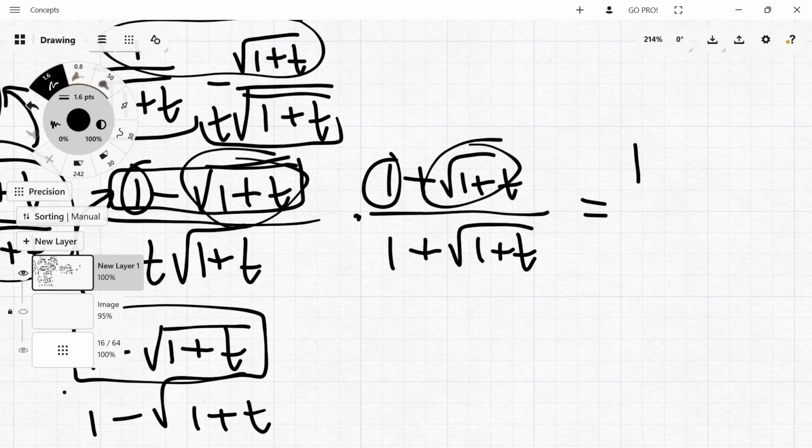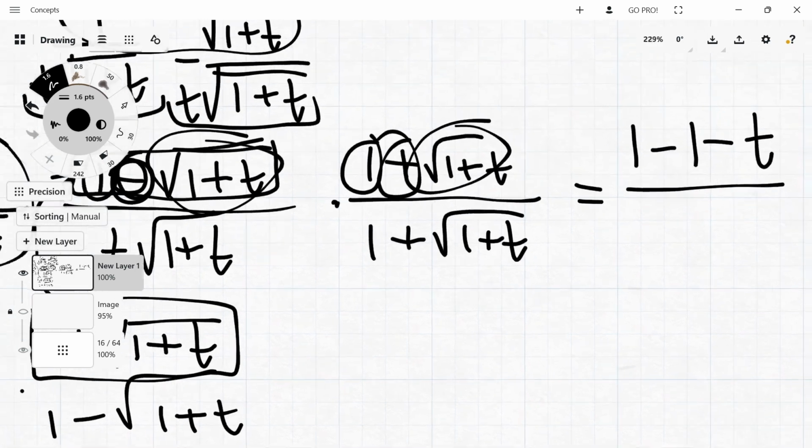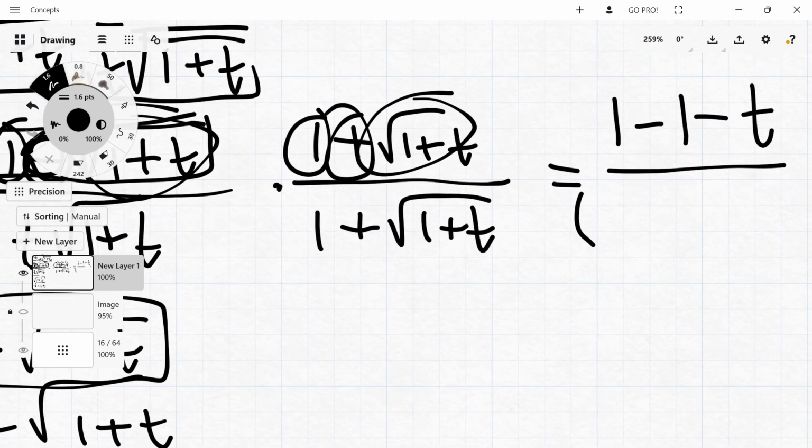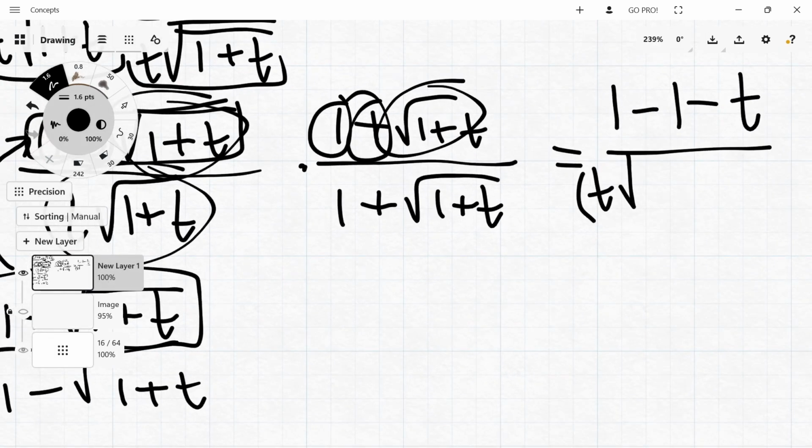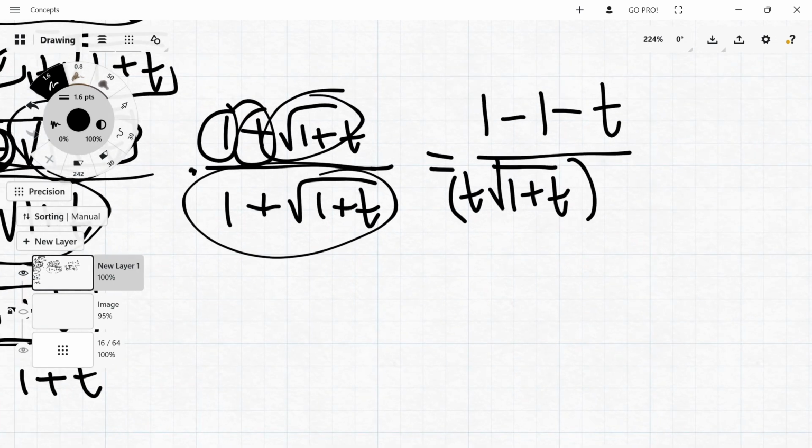So you get minus 1 minus t, because the negative overtakes the positive. And in the denominator, we keep it the same as before, just in parentheses: t times the square root of 1 plus t times 1 plus the square root of 1 plus t.